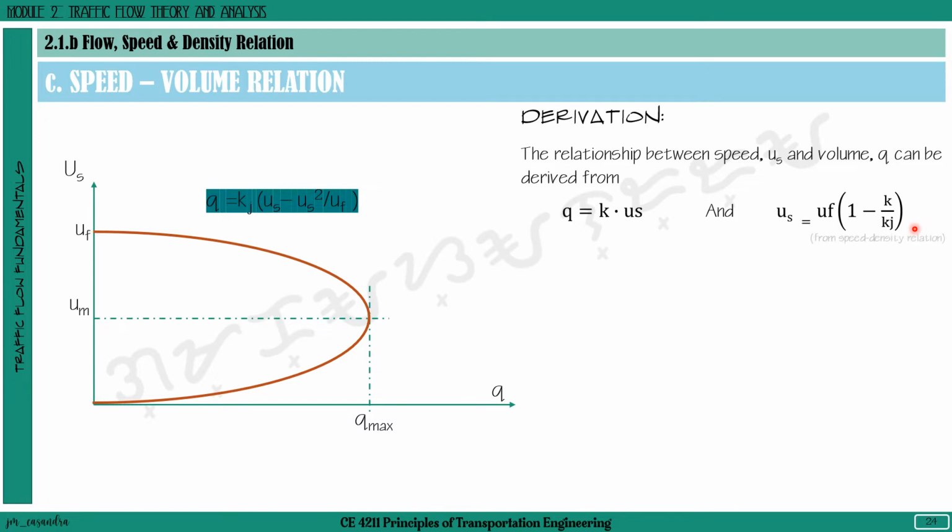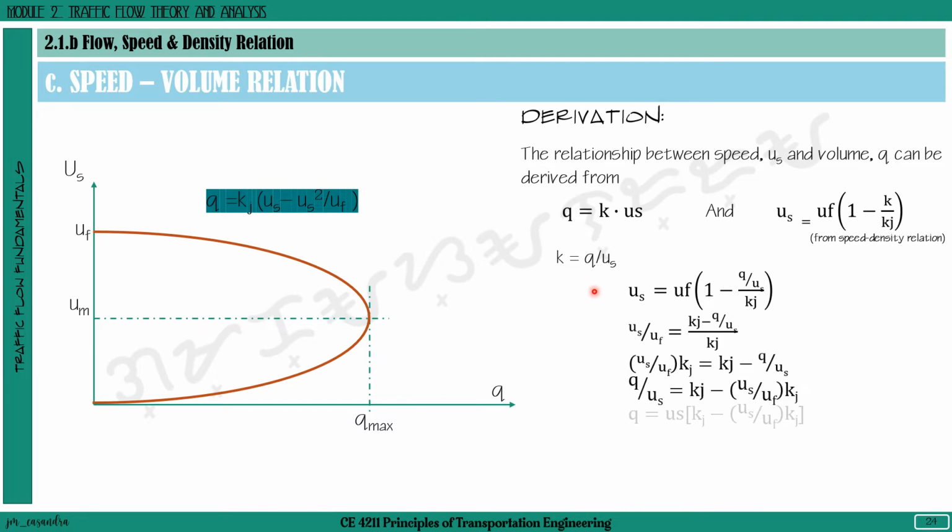So with this, we'll now be getting the value of K in terms of Q over U sub S. So substituting K now in the speed density relation will arrive at this equation. Expanding this one will now be arriving at our speed volume relation.